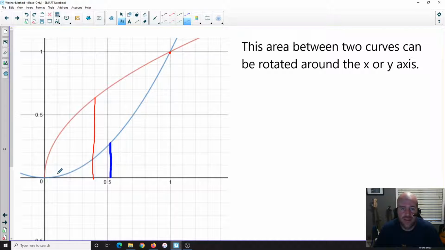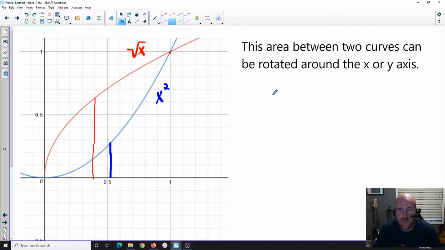And then the inside radius, the little radius, is going to be this blue function. Okay? That's how we determine it: the y value of the function is going to be the radius. So this is our x squared right here. We have our square root of x right here.